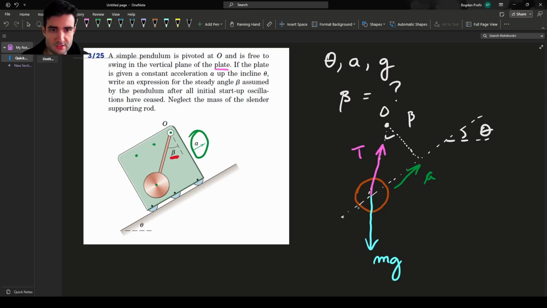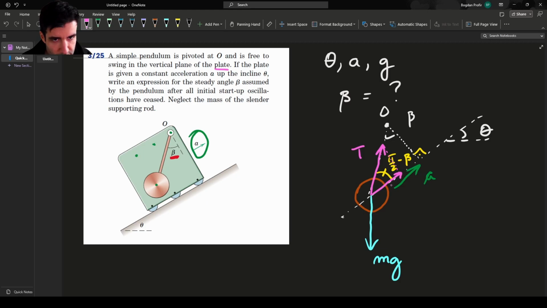We have weight, which is acting down, but then we also have tension, which is acting at that angle with respect to the direction of the incline, which is this angle right here. That angle is pretty easy to figure out because this is a 90-degree angle, so this would be pi over 2 minus beta.